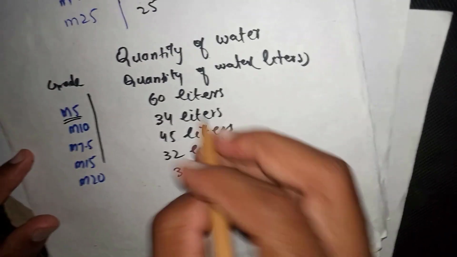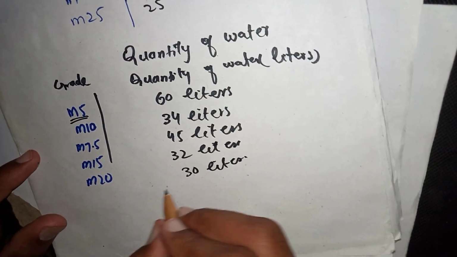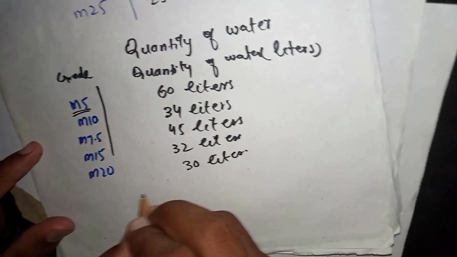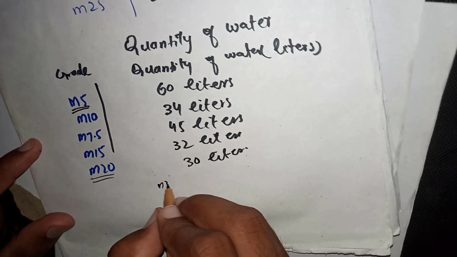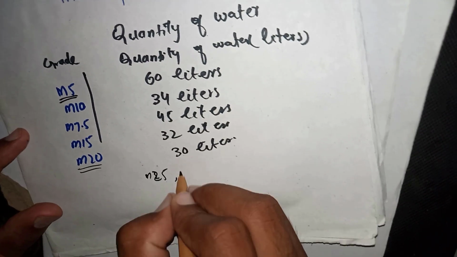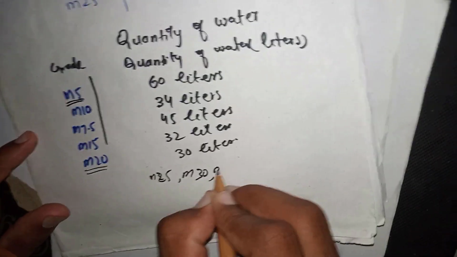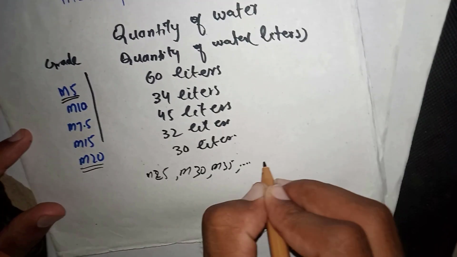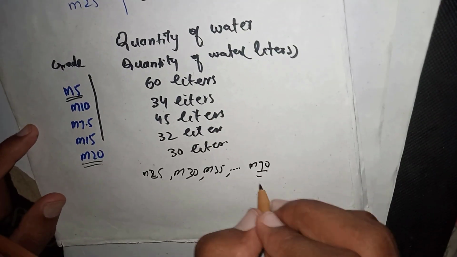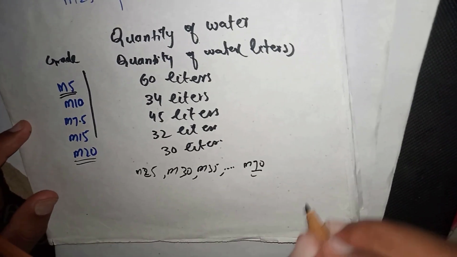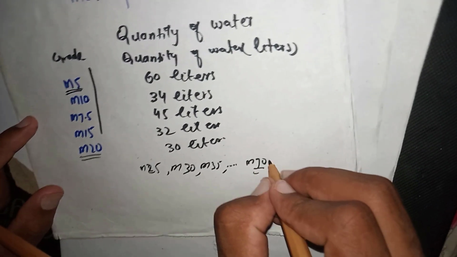So remember, these are not only grades, there are many grades. Those ahead from M20 there is M25, M30, M35 and so on, M70. M70 is the highest grade of concrete, which is used in the field.